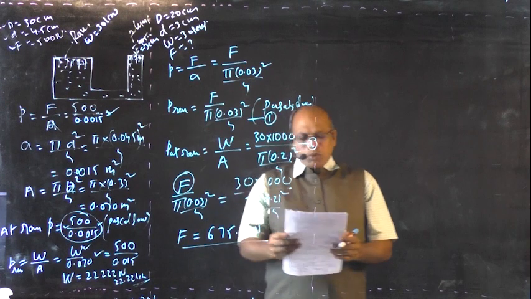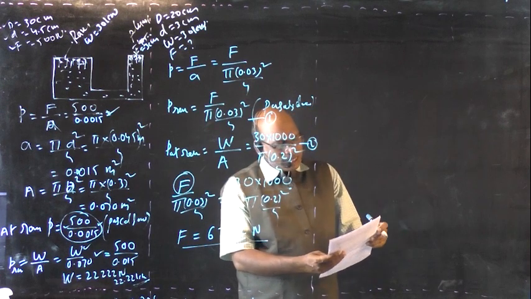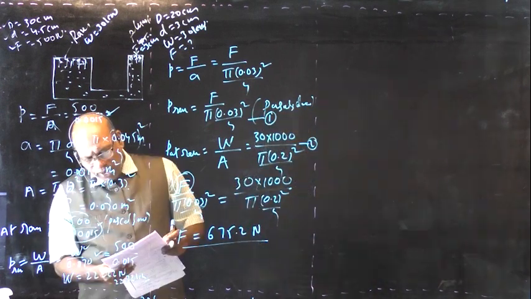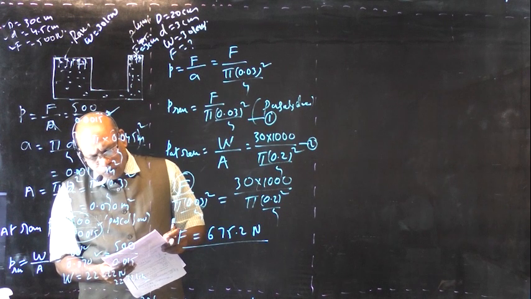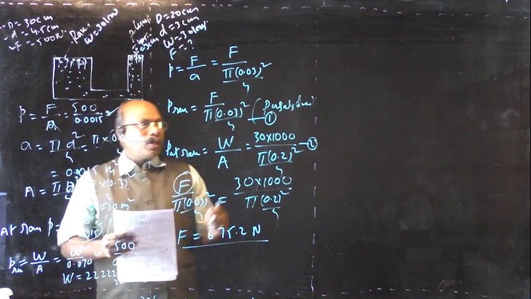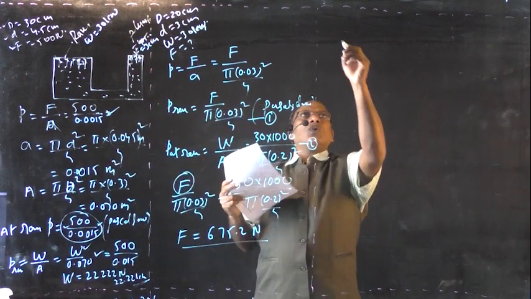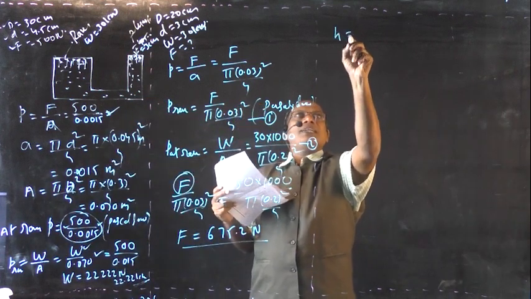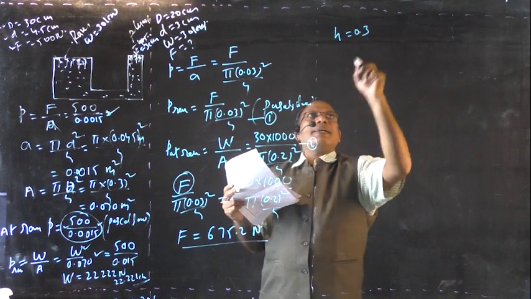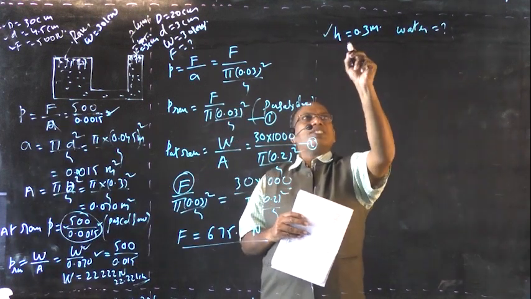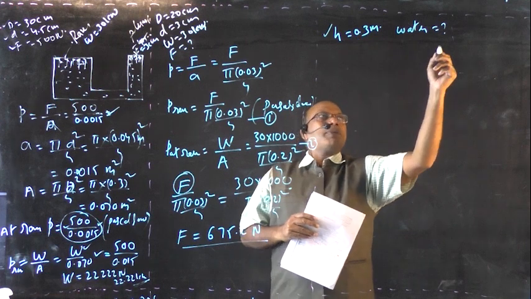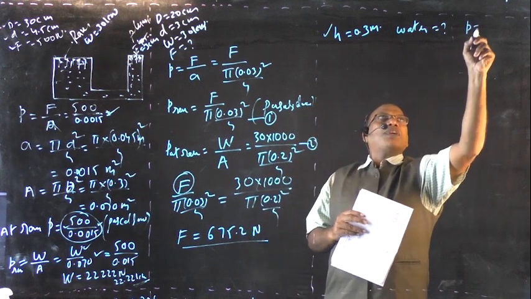Note down one more problem related to pressure and its measurements. Calculate the pressure due to a column, that means head, of 0.3 meters of water. So this is the pressure head given, that is H equal to 0.3 meters. What is the pressure for water?